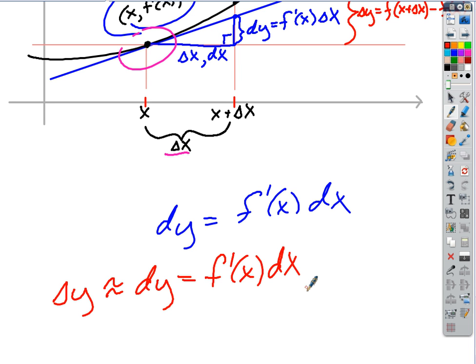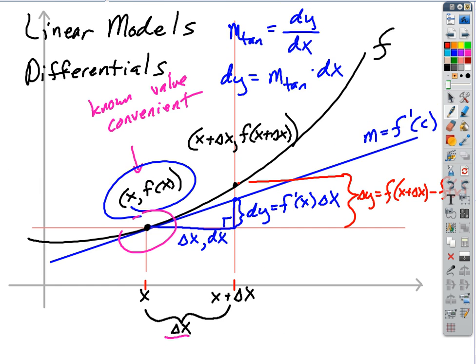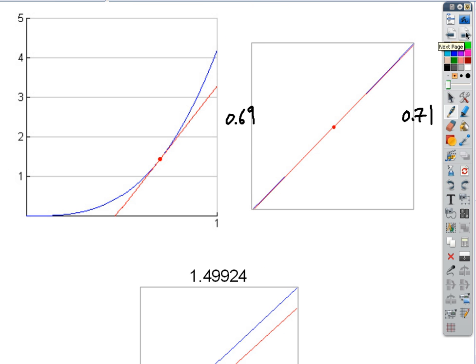Okay? That's our differential approximation for the amount that the function has actually changed. Okay, now why would we do this stuff? Well, here's an example of why this might be important. What if we wanted to look at, how about if I do this? Let's see.